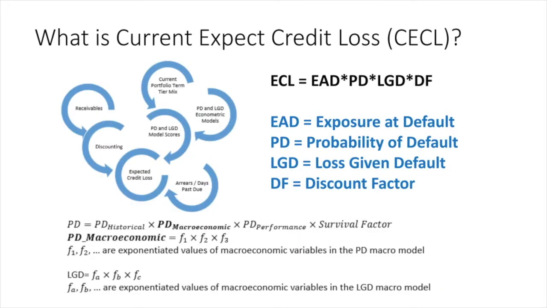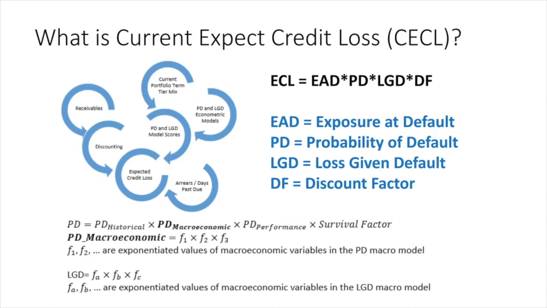So what is current expected credit loss? The ECL calculation is shown in the slide. It is a product of our exposure at default, or our cash flow, with the probability of default, the loss given default, or the severity, as well as the discount factor that takes into account the time value of money.